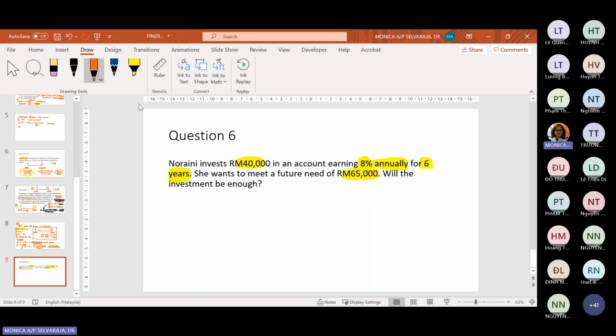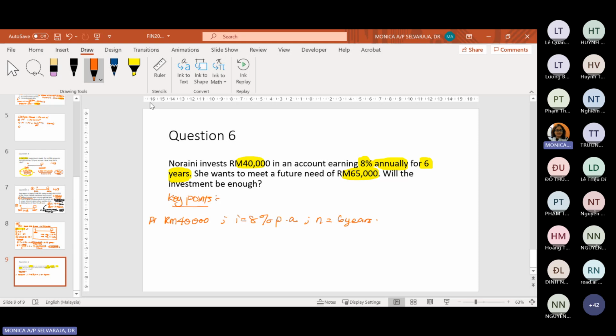So, the key points. You can copy down the key points for question 6. Please copy: invested 40,000. So the I is 8% per annum. The N is 6 years.